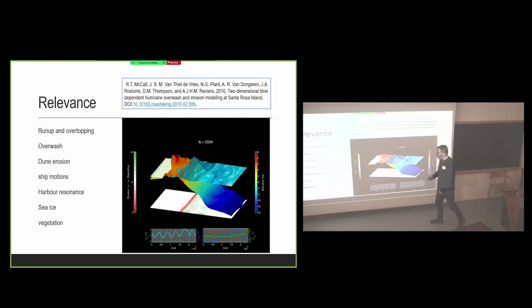This is an example based on the work of Robert McCall, where I have a 2D model of XBeach, and this is the surface elevation of the infragravity waves. So the top part is the surface elevation of the infragravity waves. This is the bathymetry and the topography. This is Santa Rosa Island, by the way.